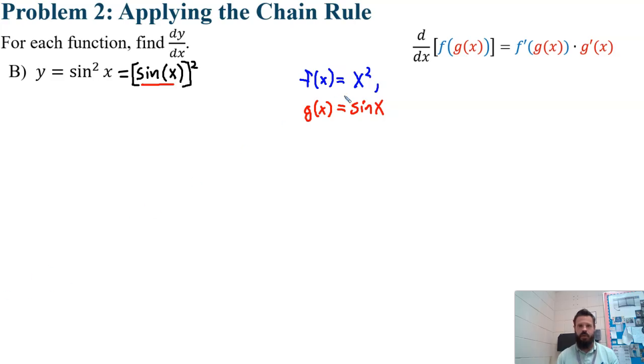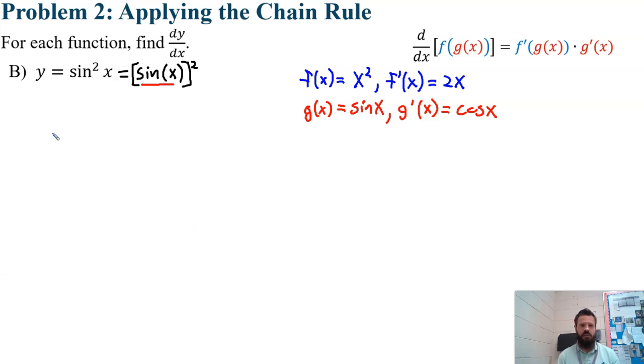We can find the derivative of both those. F prime of x, using the power rule, will just be 2x. And g prime of x, the derivative of our sine function, is just cosine x.